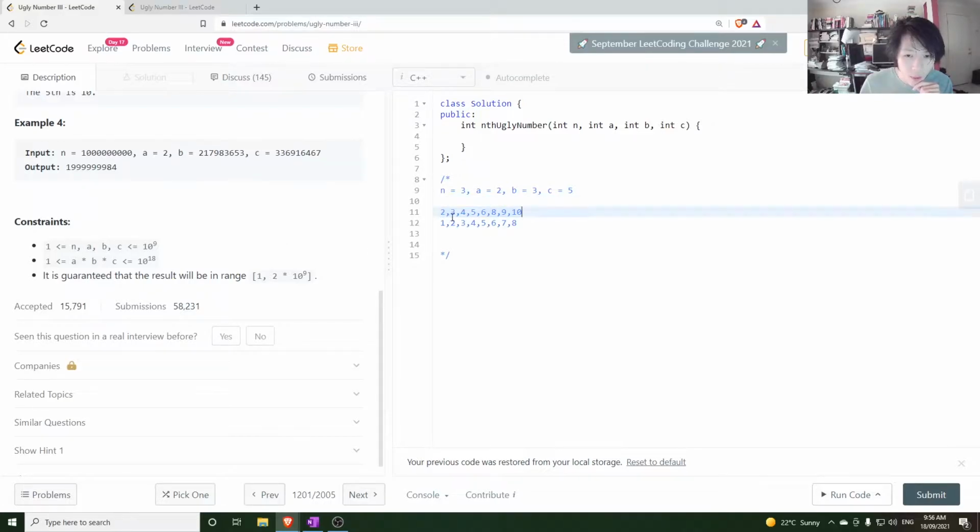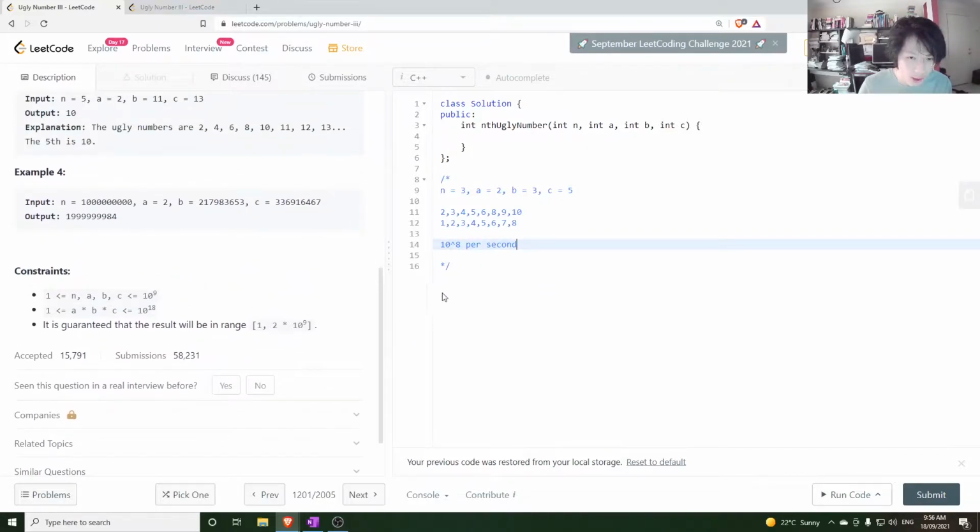what's the maximum that we could go up to in this linear loop? It's guaranteed that the answer will be in the range from 1 to 2 times 10 to the power of 9, right? And since we can only do up to about 10 to the power of 8 operations per second, and assuming the time limit is 1 second or something like that, this would take too long.